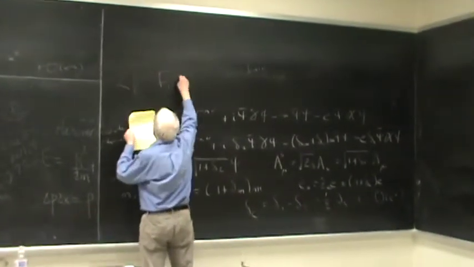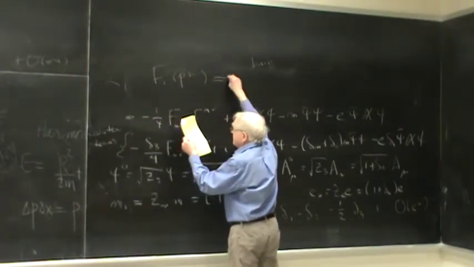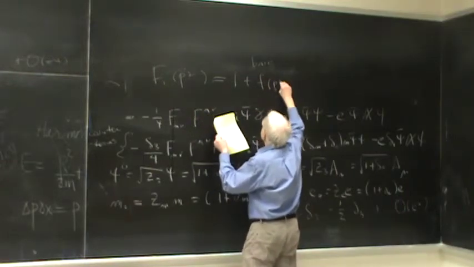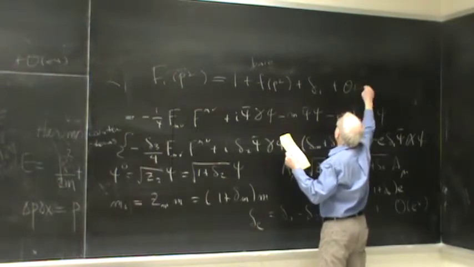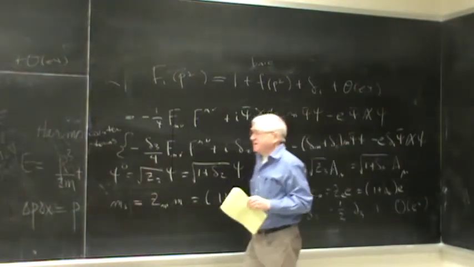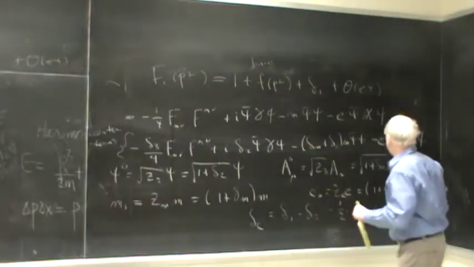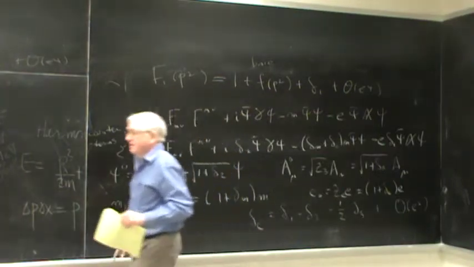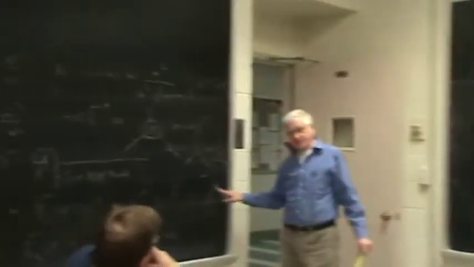Okay, so we're going to write F1 of p squared as F1 plus F of p squared plus delta 1 plus order e to the 4th. And the delta 1 comes from this term here. And that's the term that we represent diagrammatically as this term here.